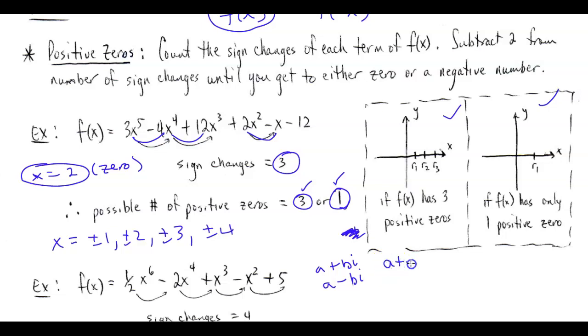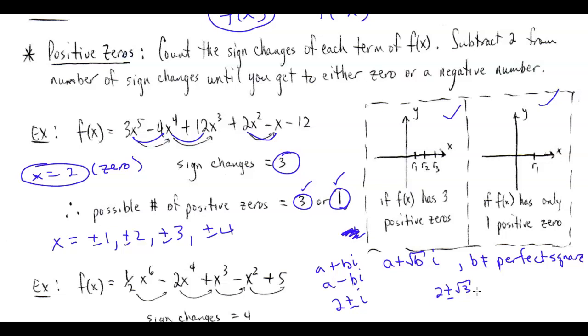They may look something like a plus or minus the square root of b, where b is not a perfect square. To give you a concrete example, it could be 2 plus or minus i, or something like 2 plus or minus the square root of 3, where the square root of 3 is irrational because that number cannot be expressed as a fraction.